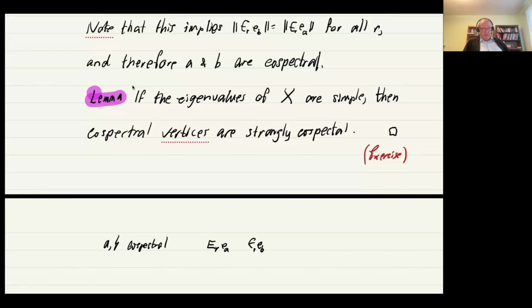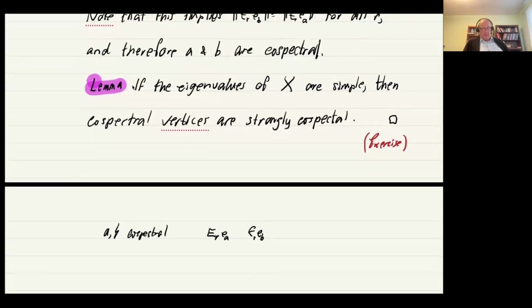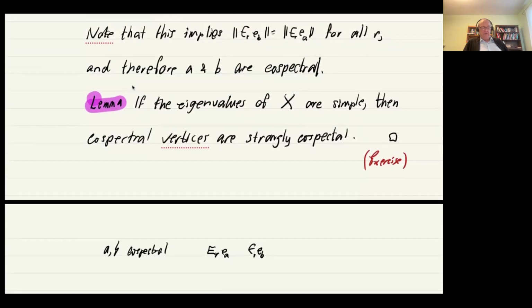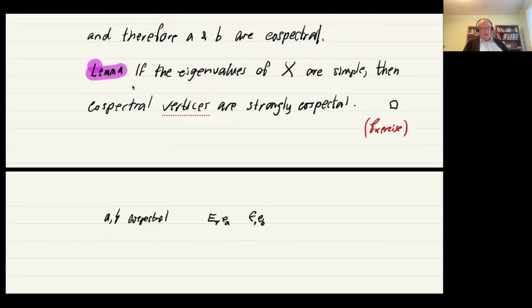If they're cospectral, then the a entry of E_r e_a is equal to the b entry of E_r e_b. So if one is not zero, the other is not zero. And since they're eigenvectors, they're non-zero. Now, these belong to the same eigenvalue, so this must be equal to a scalar gamma times E_r e_b. Both are eigenvectors with the same eigenvalue.